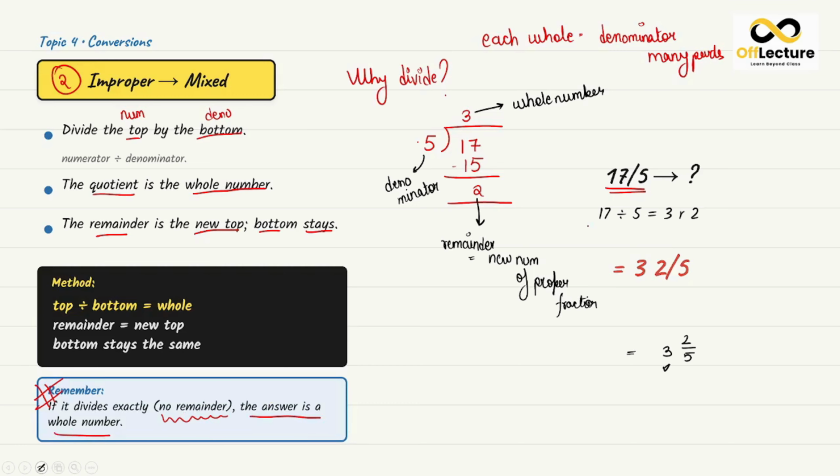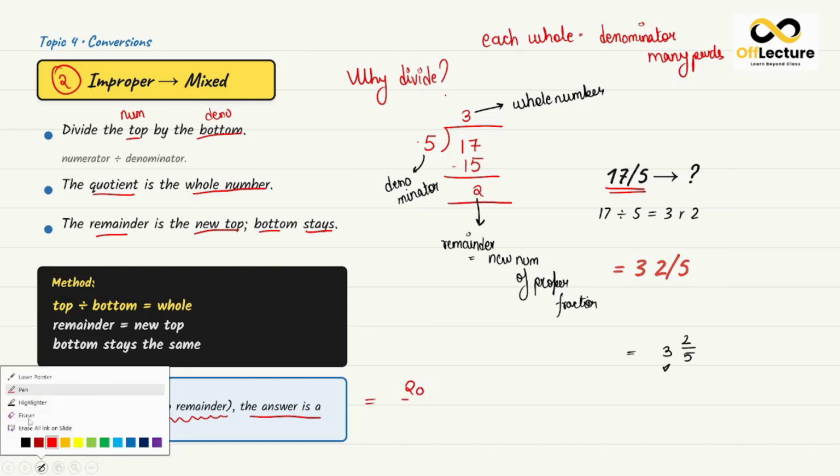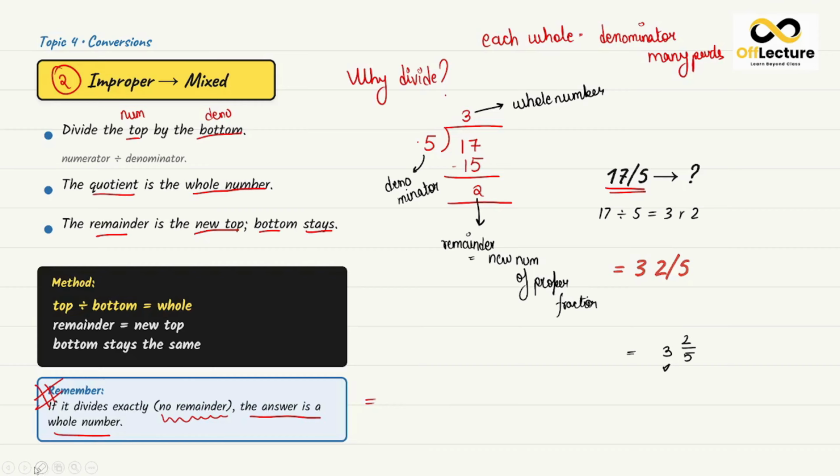For example, let's suppose we want to represent 20 by 5 as a mixed number. 20 by 5 is an improper fraction, so let's try to make it a mixed fraction. We will divide 20 by 5. So 5 times 4 becomes 20 and we'll get 0 at the end.